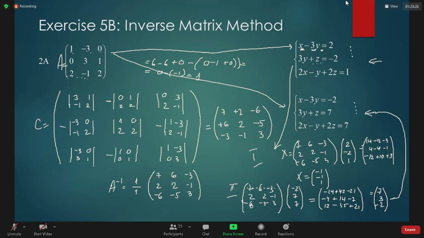In principle, once you understand the minors and cofactors, finding the inverse matrix actually is not difficult. The difficult part is not to confuse the minus positions, to write the minuses.